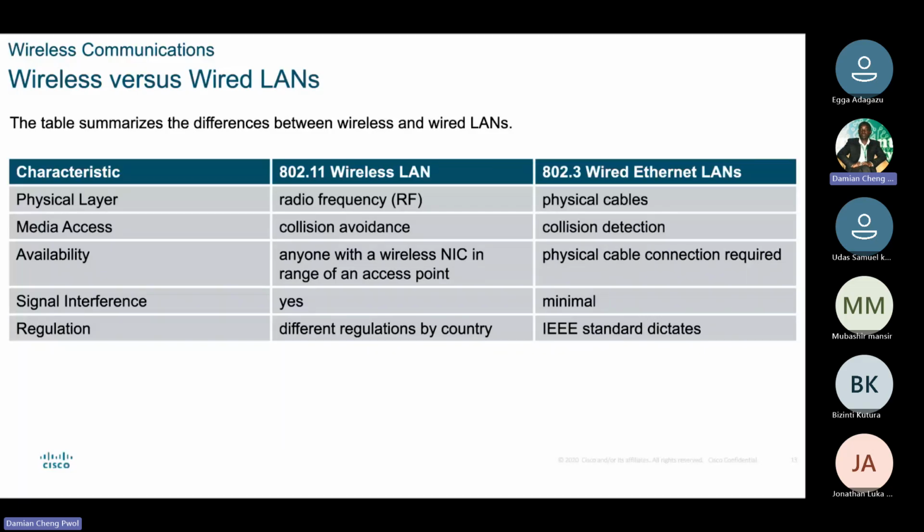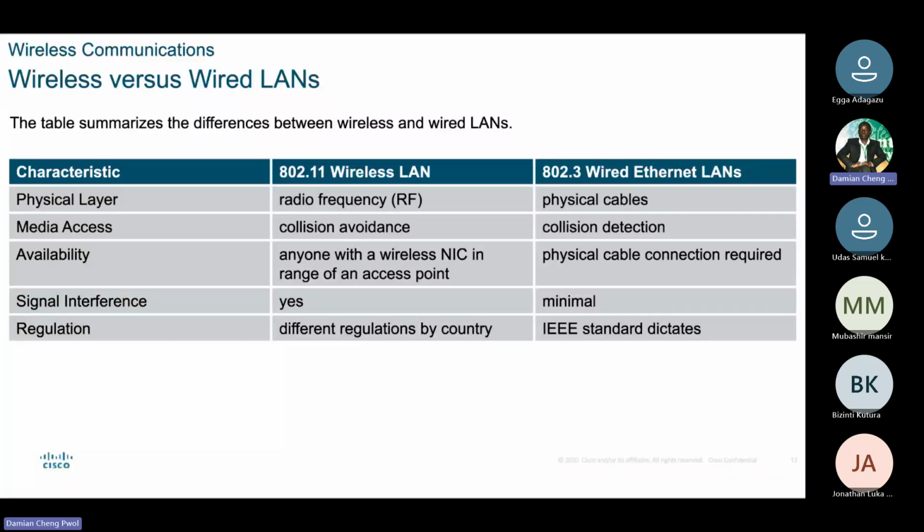Collision avoidance is when the system senses if no one is transmitting, then a timeline is given, like a turn-by-turn process. If it's your turn, you now send.